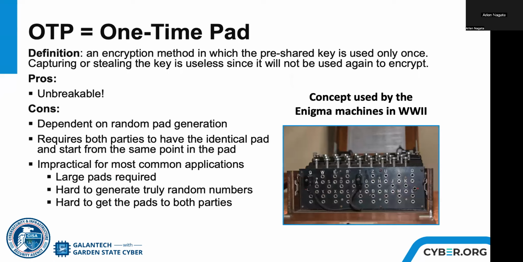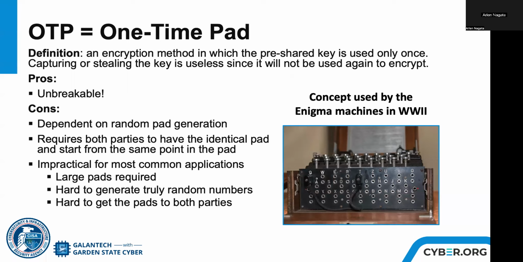Okay, so let's talk about an encryption method that is unbreakable. This is called a one-time pad. And in this encryption scheme, you've got the cipher on a piece of paper, and each cipher is only used once.